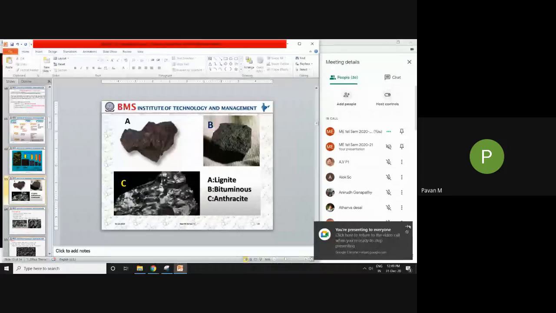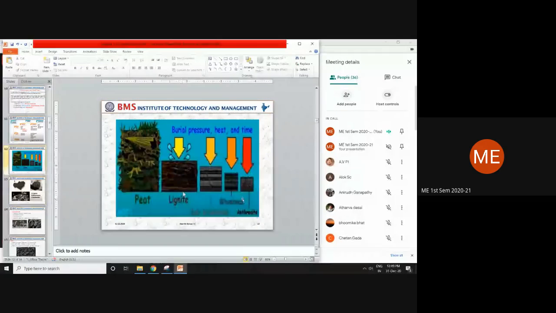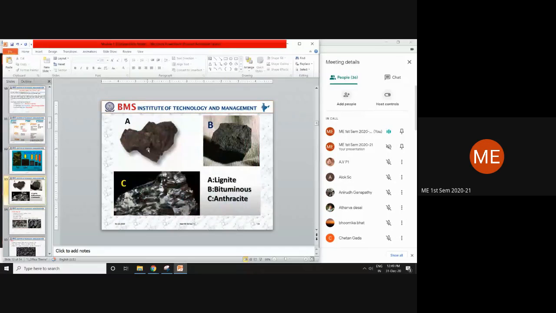Yes, sir. So this is lignite, bituminous, and anthracite. All these three are called coal based on how much pressure it has undergone, how much heat it has taken, how much time it has taken. We are going to classify it into three types. Figure A indicates the lignite coal, B the bituminous coal, and C the anthracite coal. All these are formed from the peat only.